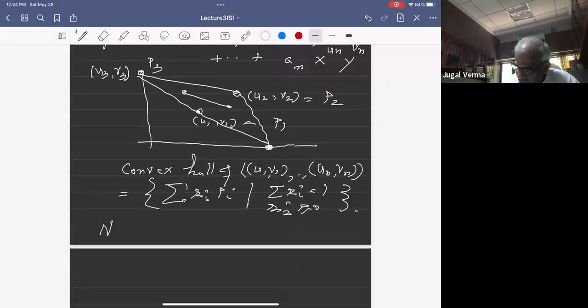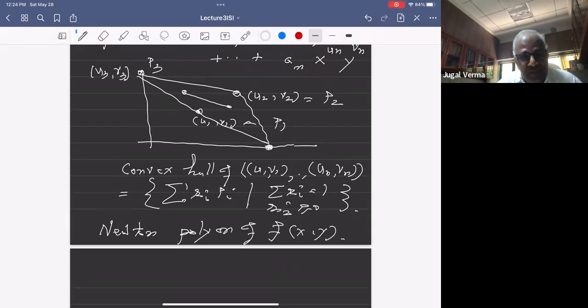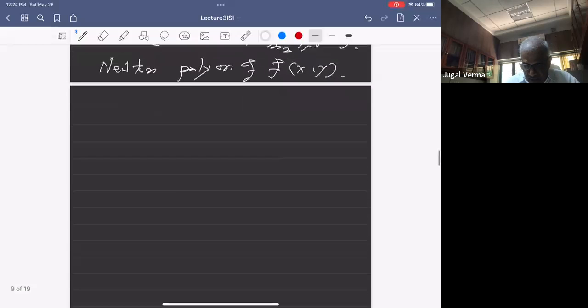So this is called the Newton polygon of this bivariate polynomial. And you see, it completely ignores the coefficients. They are just non-zero coefficients a1, a2, an. So these are distinct monomials, and take these n points and find the convex hull of these n points. That's called the Newton polygon.